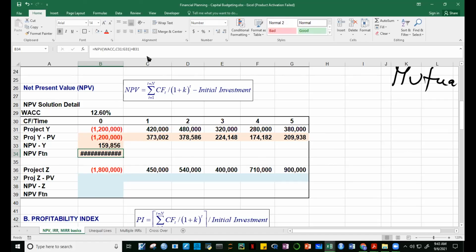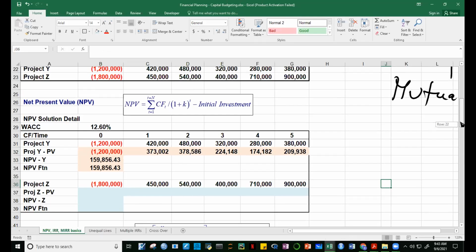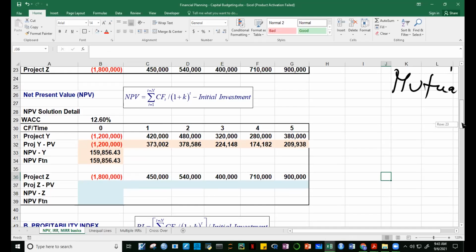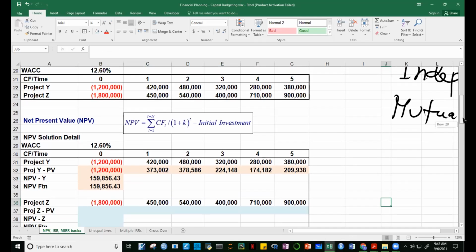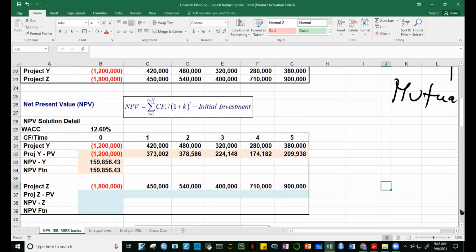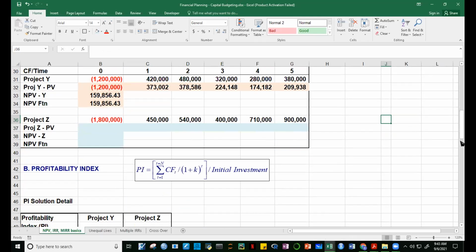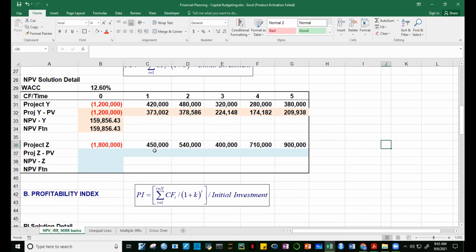Let's give it centavos. Okay. So project Y is feasible. If these were independent projects, then pwede natin sabihin na pwedeng gawin si Y. Then let's go to the next one.